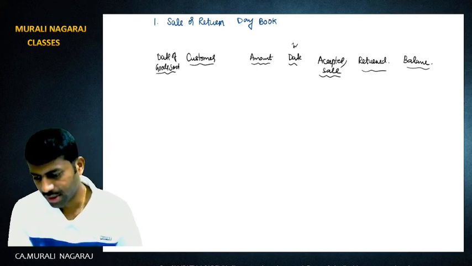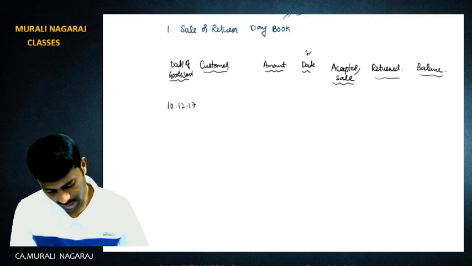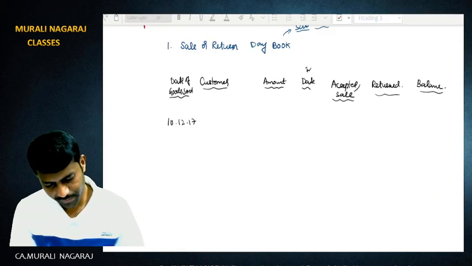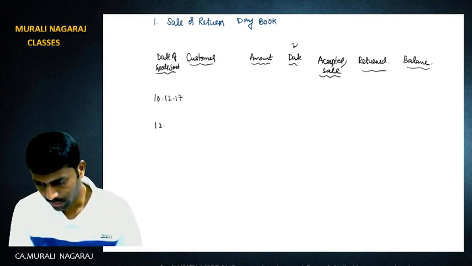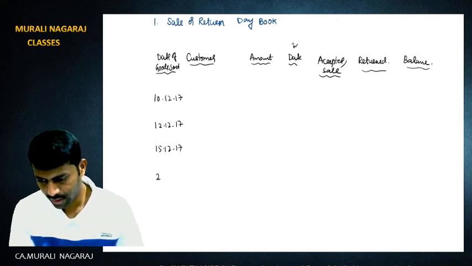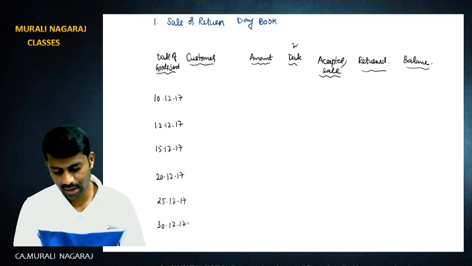Now, first the dates as in the question copy: 10, 12, 17; 12, 12, 17; 15, 12, 17; 20, 12, 17; 25, 12, 17; 30, 12, 17. These are the dates.